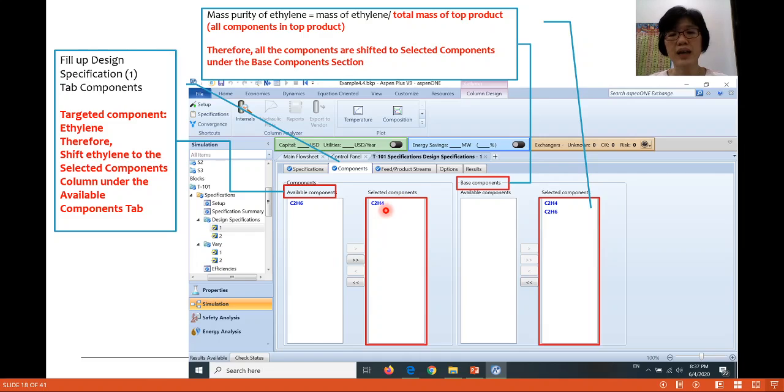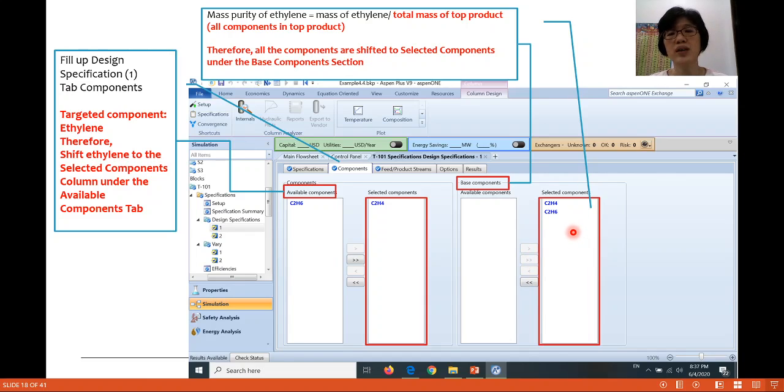Okay. So this is your targeted component. Under the base component here, you have to select all the components to the right-hand side. Originally all the list is here. You just need to click the button here, the second button, then all the components will be shifted to the right-hand side.